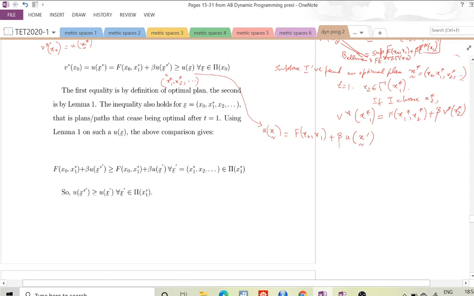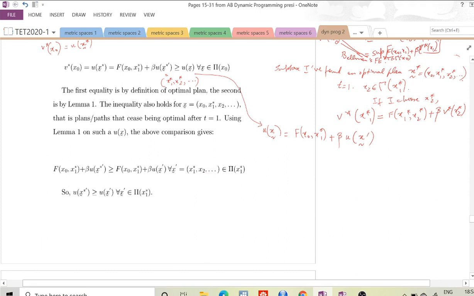So for this particular feasible plan, when I break this up, I have u of x tilde is equal to f of x naught, x star 1 plus beta times u of x tilde prime, where x tilde prime starts with the x star 1 but then traipses off in some feasible direction, x2, x3, etc., right?